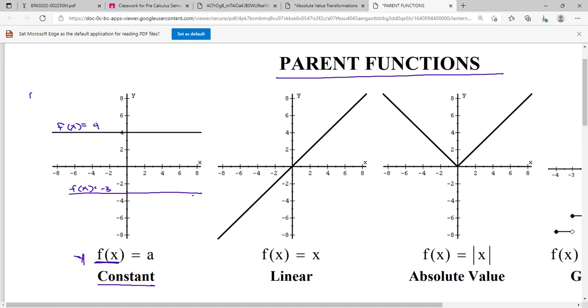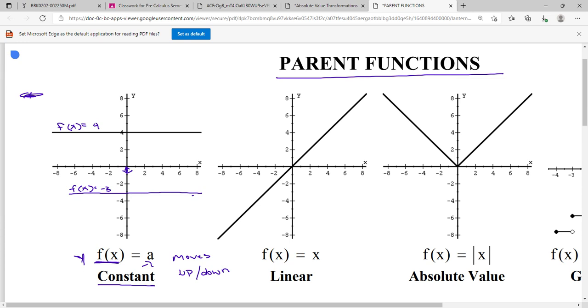So whatever number we replace this a with moves the graph up or down. Right, and negative numbers are going to go below your origin line, your 0 line, and your positive numbers are going to go up, right?